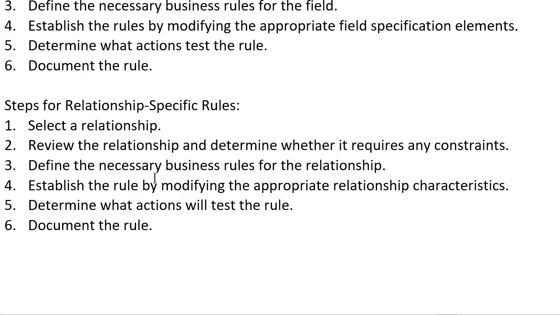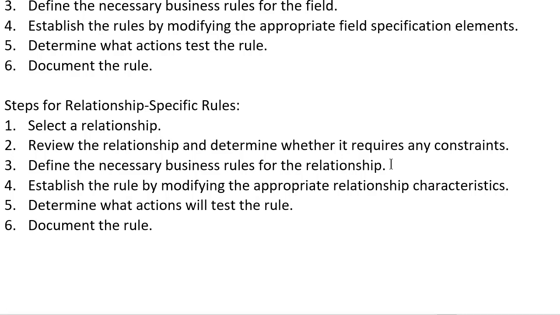If you're setting up a relationship-specific rule, what you'll need to do is select the relationship, review the relationship, and determine what are the requirements or any constraints that you have there. Define that business rule for the relationship. Usually you're going to say, is it one-to-one, one-to-many, or many-to-many?